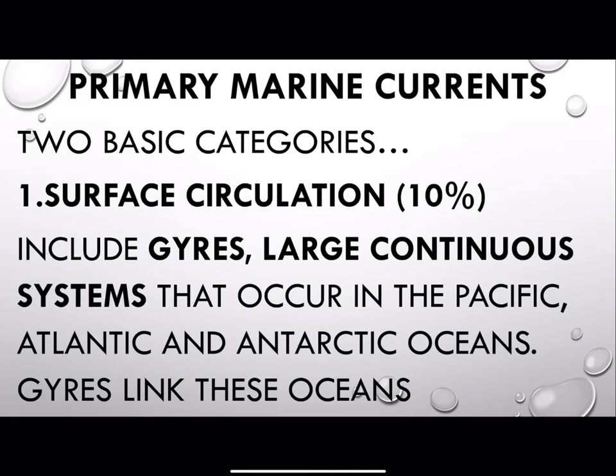In certain areas, whether you're in the Pacific, Atlantic, or Antarctic Oceans, they have a particular name, and once they enter another ocean, the name changes, but the gyres link these three oceans that fall under the first category.